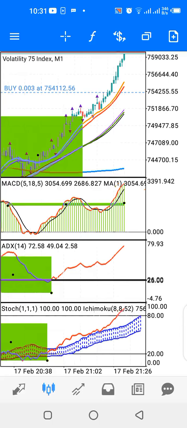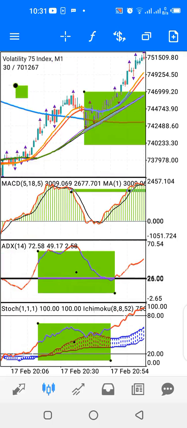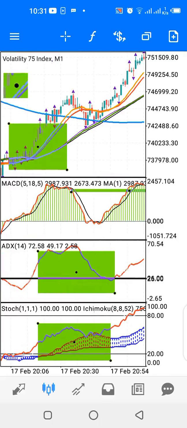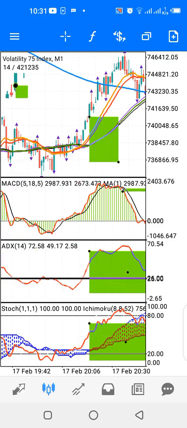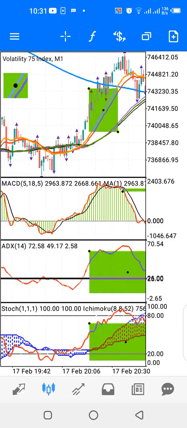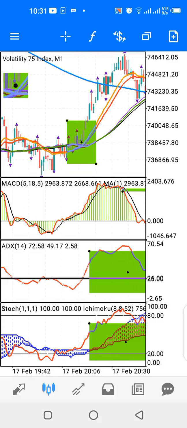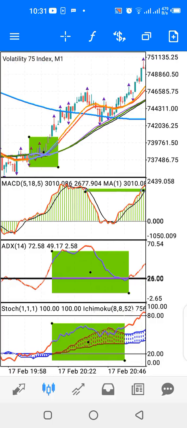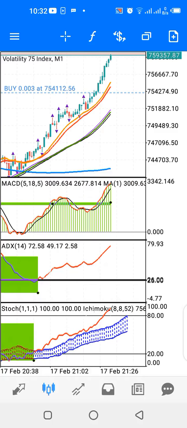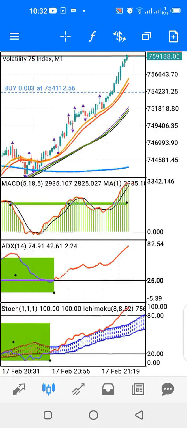The way the strategy works is if these two orange lines cross above the black, green, and purple lines, then you have your buy. Like you have a buy situation here. You can see price continues to go up.